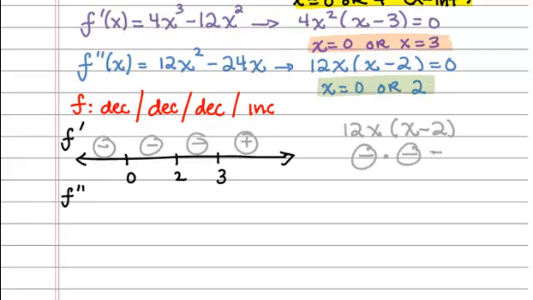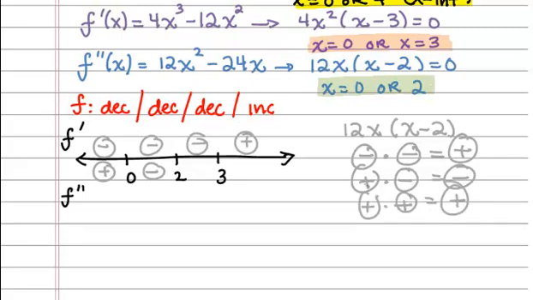And that would give me a negative times another negative, which gives me a positive. And let's choose a number between 0 and 2. So let's say 1, for example. That would give me a positive times a negative, which gives me a negative. And a number between 2 and 3 would give me a positive times a positive, which is positive overall. And finally, a number greater than 3 would give me positive in both those factors.